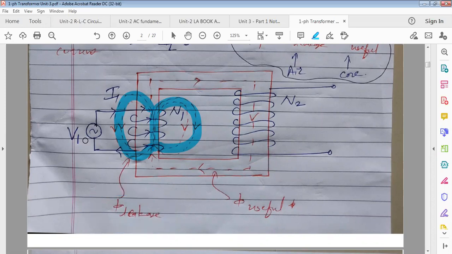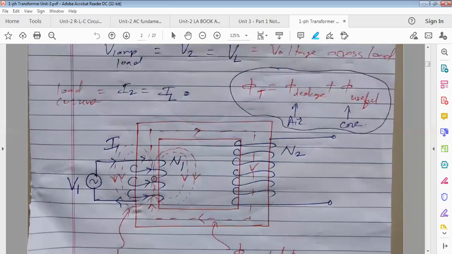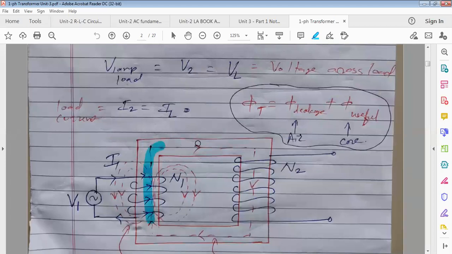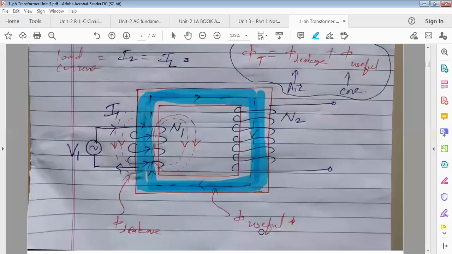Now what happens with the rest 95% flux? The rest 95% flux completes its path through the core, and the flux completing its path through this magnetic core, silicon steel, helps in producing the output, and that's why it is called useful flux.